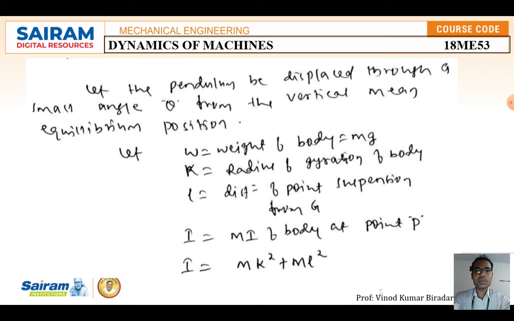Let the pendulum be displaced through a small angle theta from the vertical mean equilibrium position.